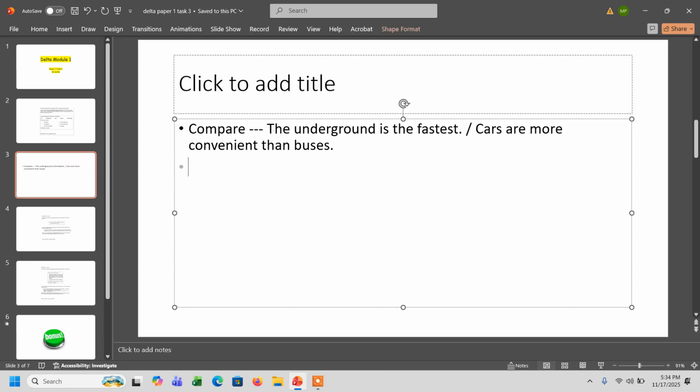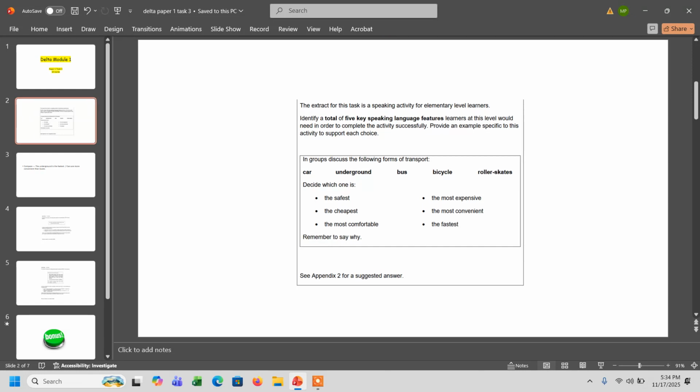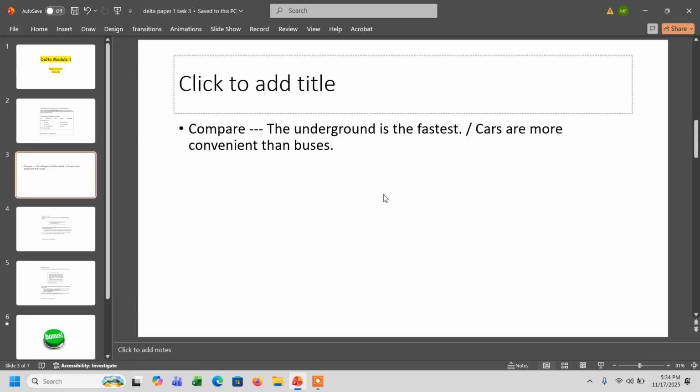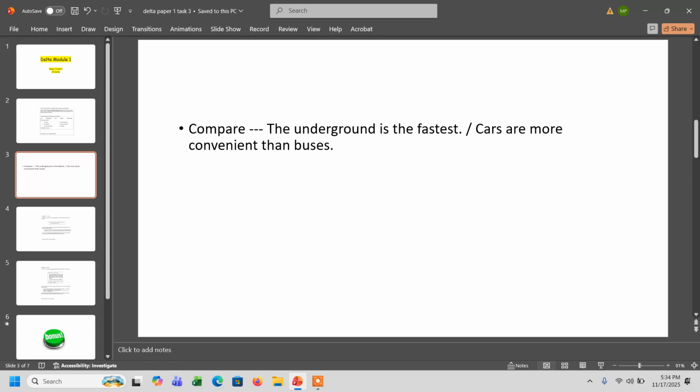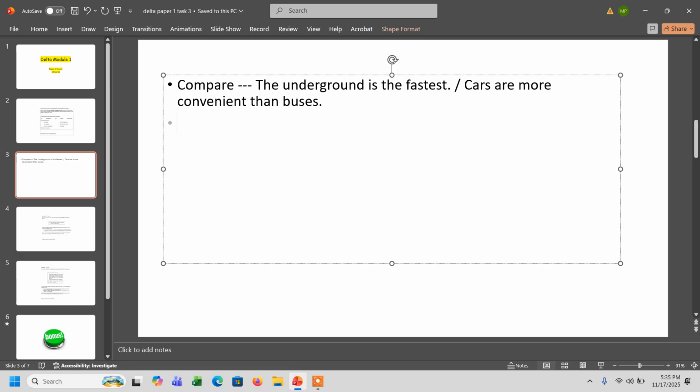Another one: let's have a look at the question again. This is a group discussion, right? So what do we need? I want you to pause the video and think of the answers by yourself first, and then come back and compare your answer with mine. You can also leave comments in the comment box, and we can learn from each other.